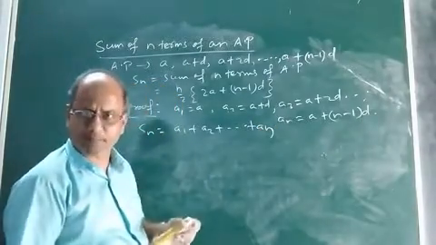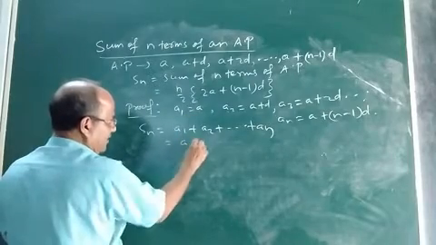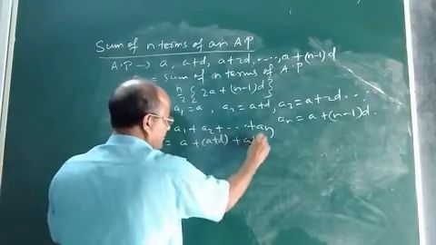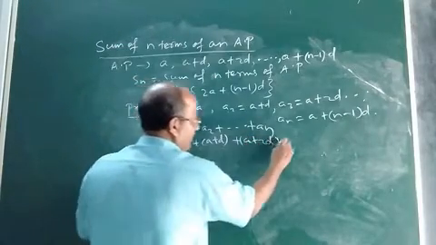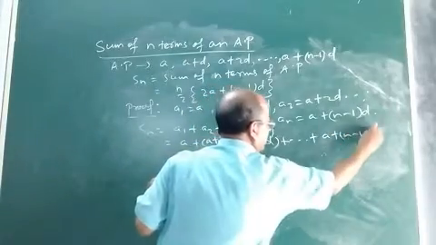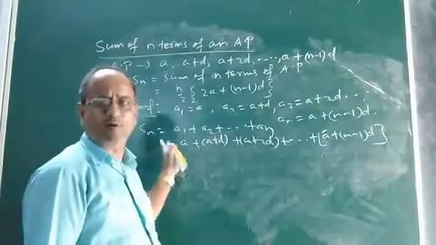No doubt, it is the sum of n terms. Now if we put the values, a, then a plus d, a plus 2d, up to a plus n minus 1 into d, this will be the value of Sn, the sum of n terms.